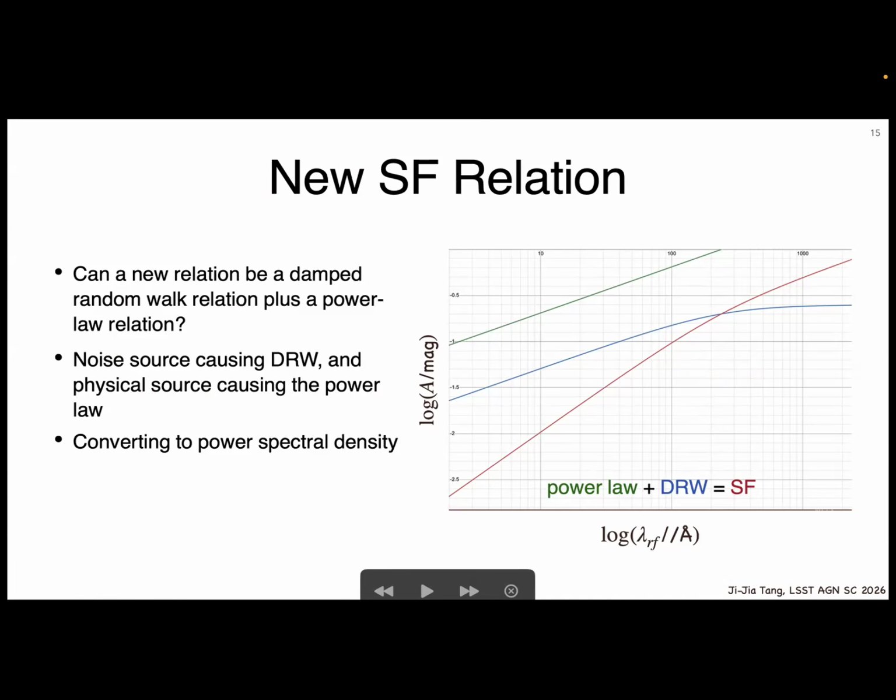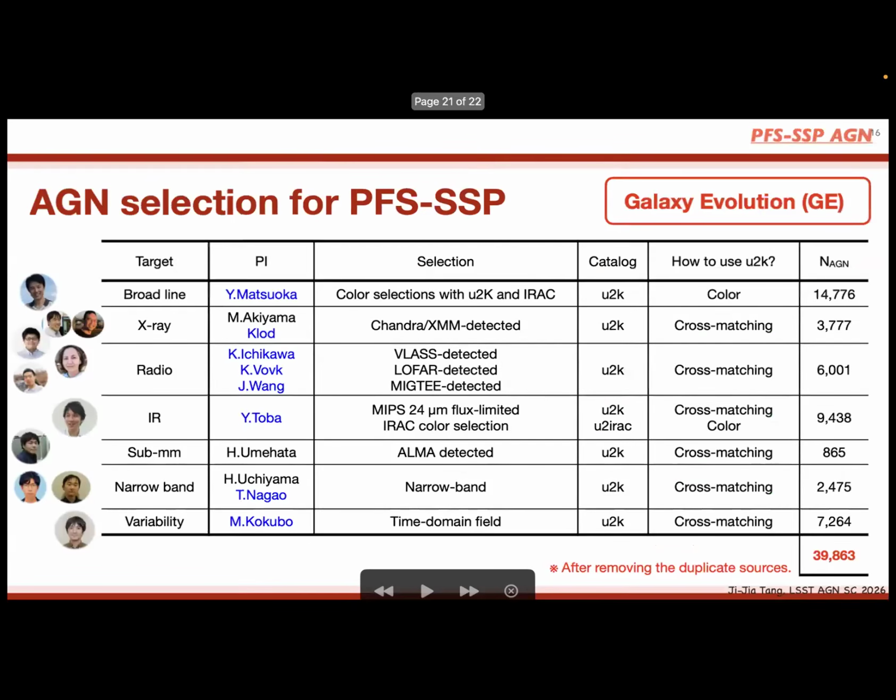The noise is probably contributing the damped random walk, and there's another physical process that's controlling the power law. However, this equation is clean in structure function, but it's very difficult to convert to PSD. There's no universal transformation between these two, so we tend to work it out maybe via numerical Fourier transform.